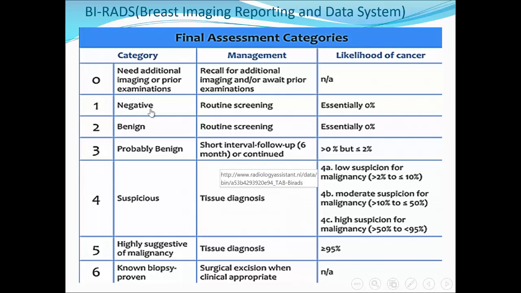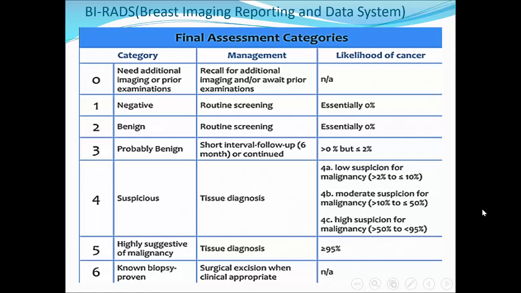BI-RADS 1, negative on routine screening. 2, benign. 3, probably benign. Probably benign means that the rate of malignancy is less than 2%. We have to do short interval follow-up. If suspicious, it needs tissue diagnosis, and here we put it as BI-RADS 4A, B, C, according to the level of suspicion of malignancy.